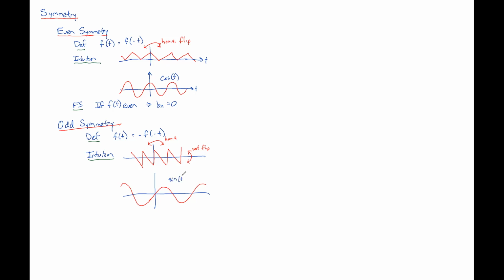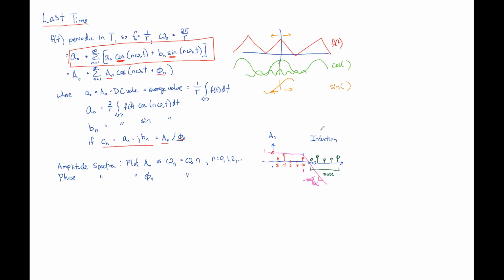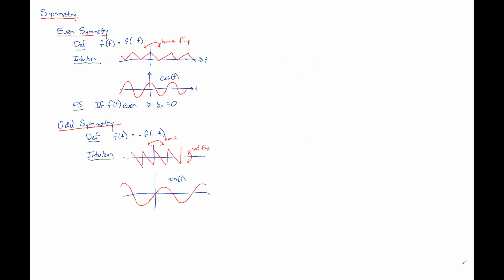And so by the same reasoning that Preston said earlier, if you've got a function that is odd, it'll be only composed of these odd portions of sines. You'll only have b sub n parts. You won't have any a sub n parts, because the a sub n is fundamentally even.